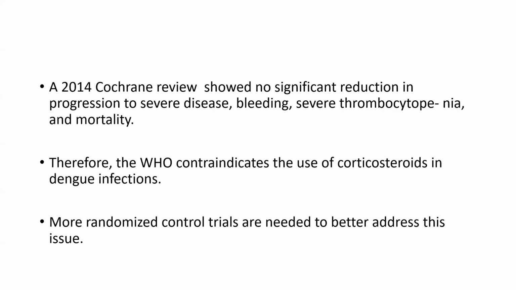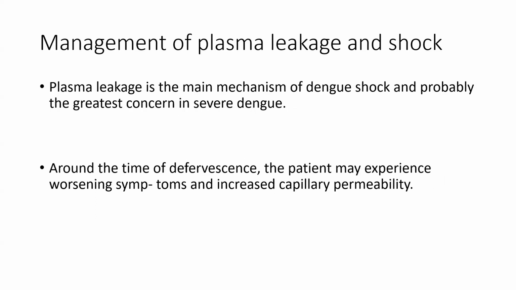In 2014, a Cochrane review showed no significant reduction in progression to severe disease, bleeding, severe thrombocytopenia, and mortality. Therefore, the WHO recommends against the use of corticosteroids in dengue infection. More randomized controlled trials are needed to better address this issue.